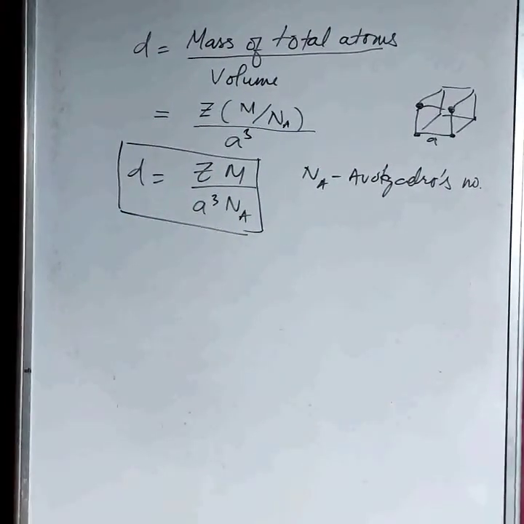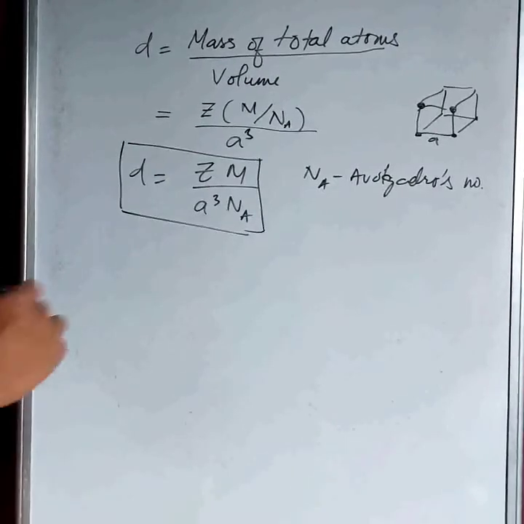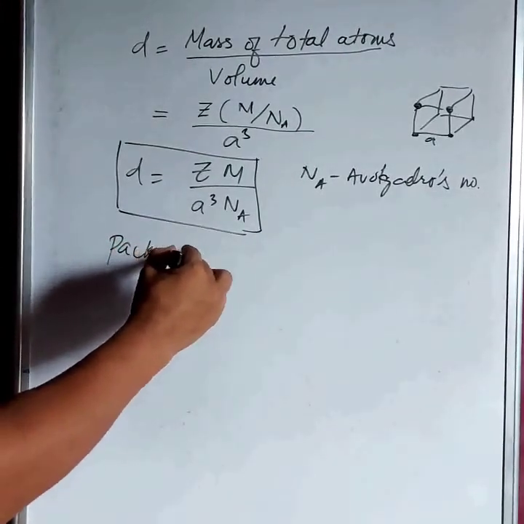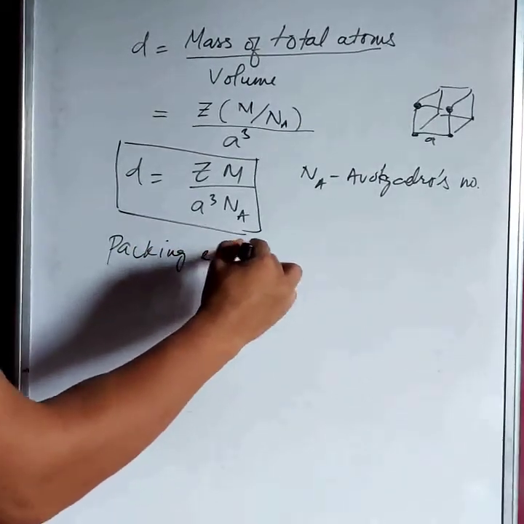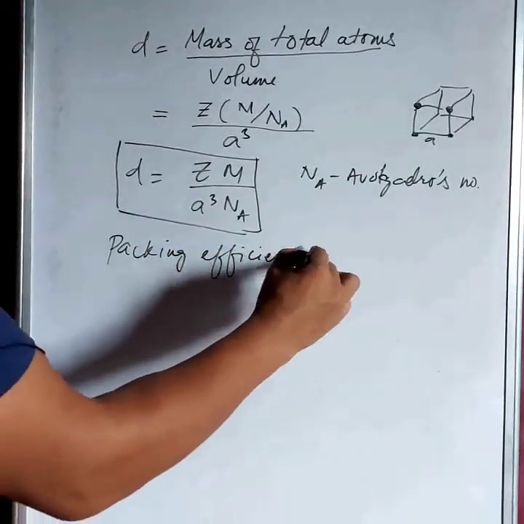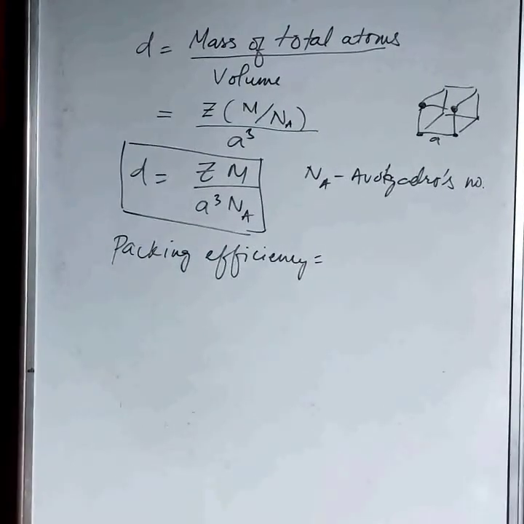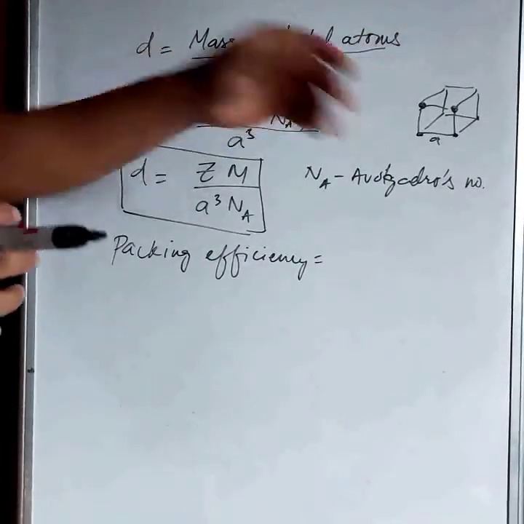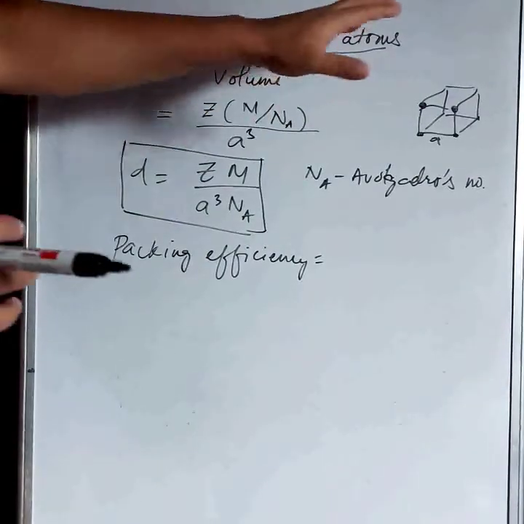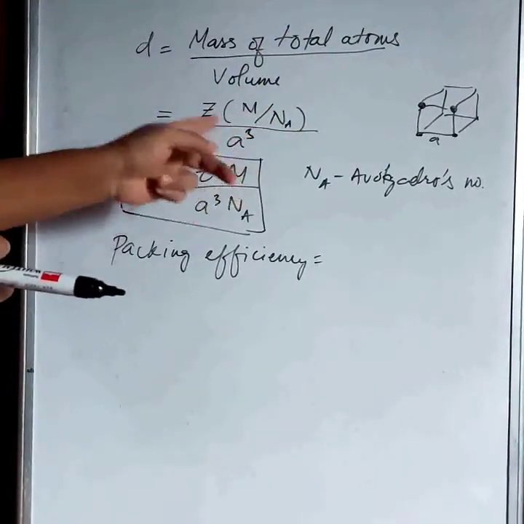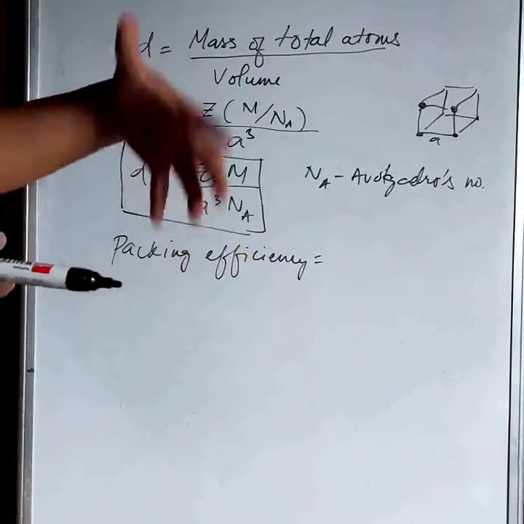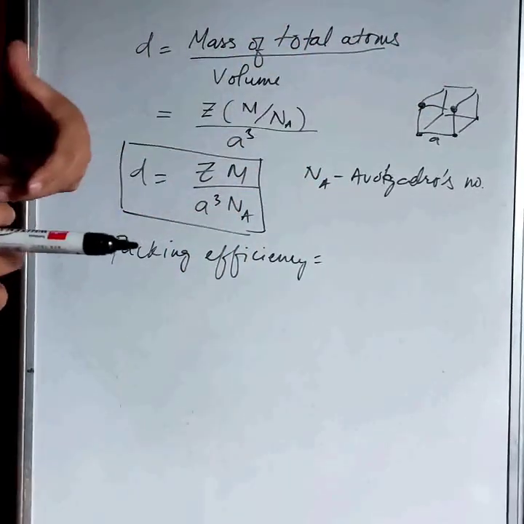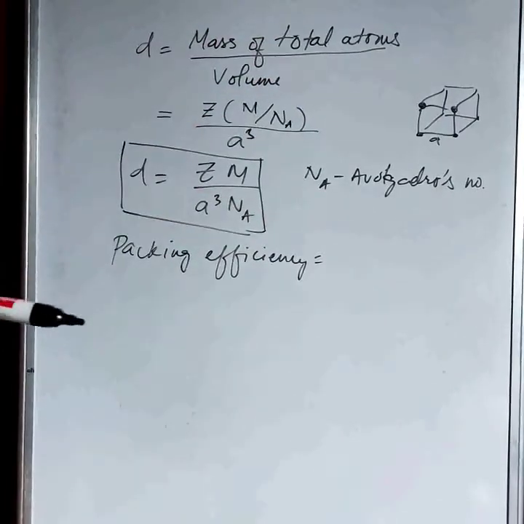Now we can even look at the packing efficiency, which is how closely the atoms are packed in a unit cell. For a simple unit cell, it will be different because the contribution is only 1 per atom. For body-centered, the contribution is 2, so it will have a different packing efficiency. For face-centered, it's different.